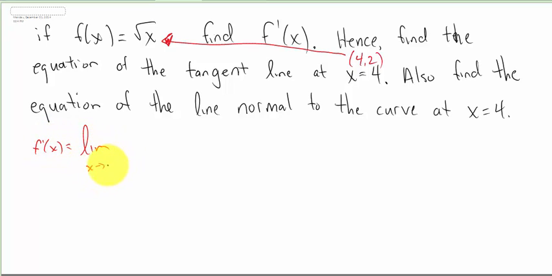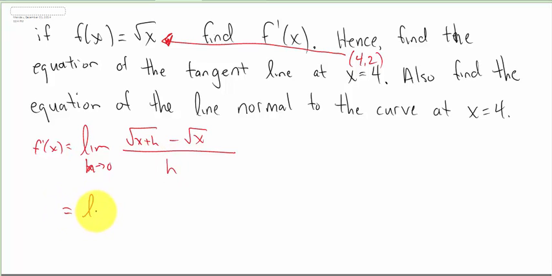Limit h approaches 0 of f of x plus h minus f of x, all over h. So, what do we do here? Well, we need the square roots to go away in the numerator.